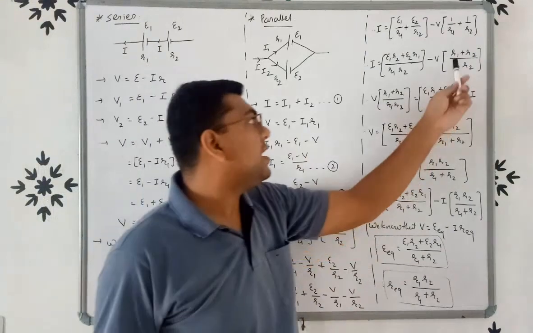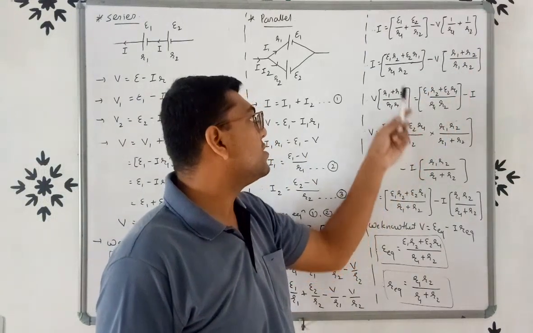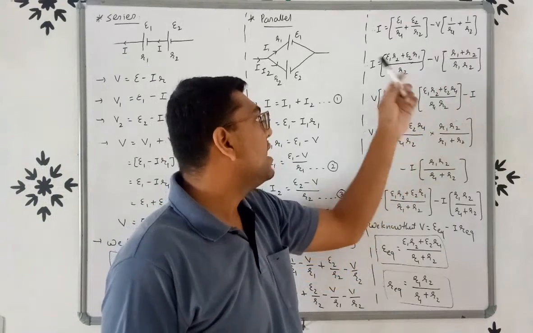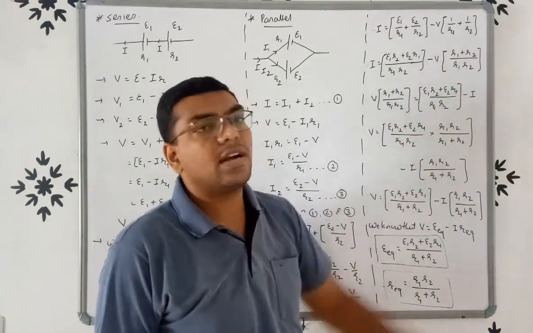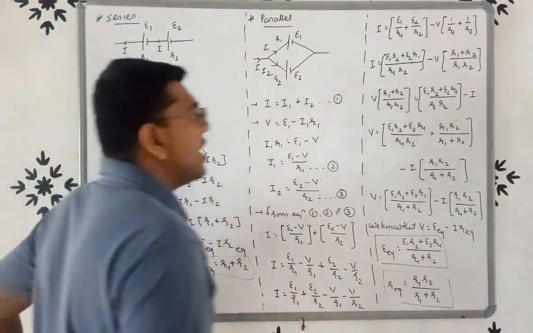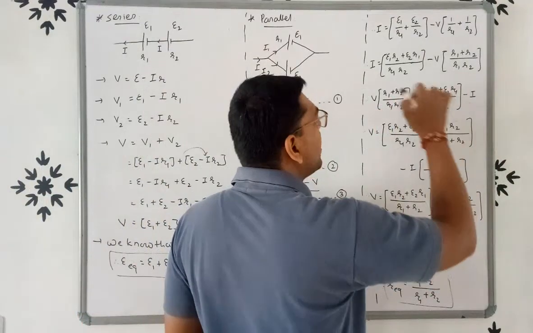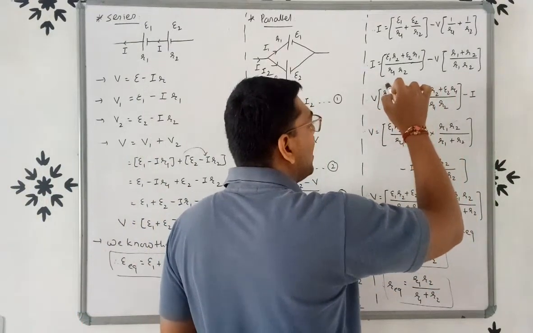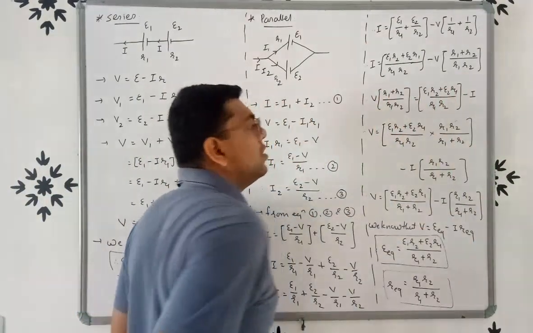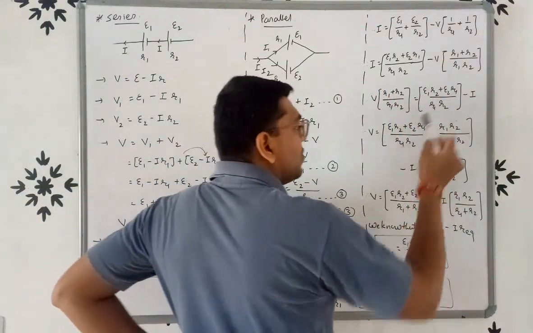We formulate V. So V into R1 plus R2 upon R1 R2 is equals to this as it is, and we take the current to the right hand side, so minus I. Now we have to formulate V. So R1 R2 goes into the numerator and R1 plus R2 goes to the denominator. So R1 R2 cancel.